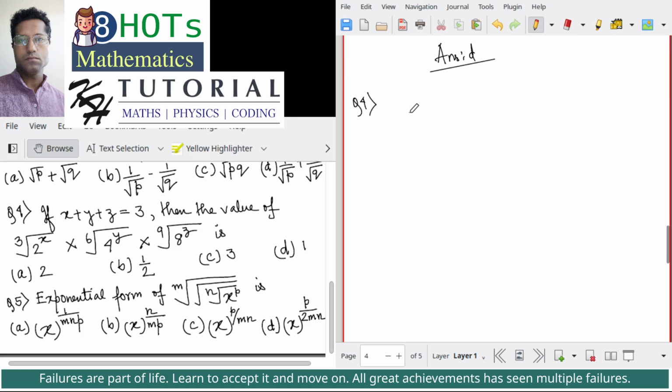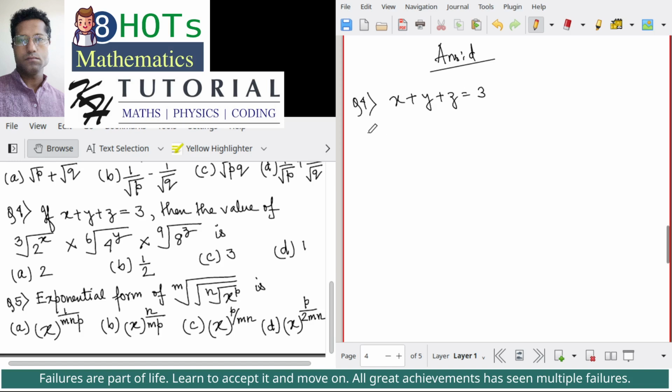Then we have to find the value of the cube root of 2 to the power x multiplied by the 6th root of 4 to the power y multiplied by the 9th root of 8 to the power z, which is a product of 3 radical terms. So we are given this fact that x plus y plus z equals 3.